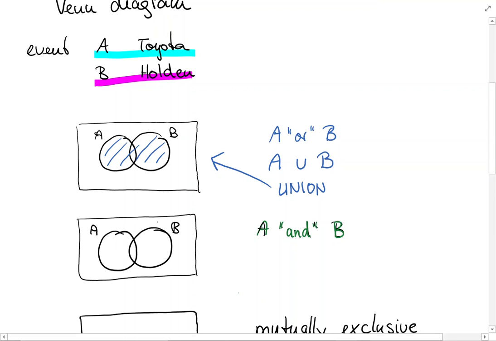Well, see how those circles overlap, and the people that have both cars, or both driving cars of both makes, are exactly those people here in the overlap. So A and B, which refers to both events, would be formally written as an A, and something that looks like a mirrored U, B. That stands for the intersection.